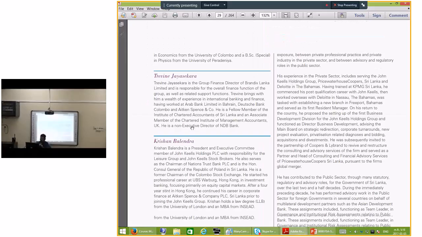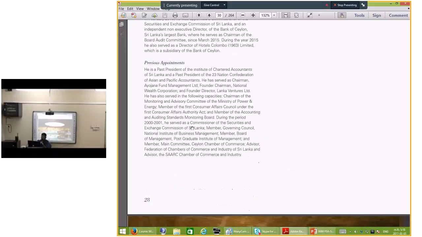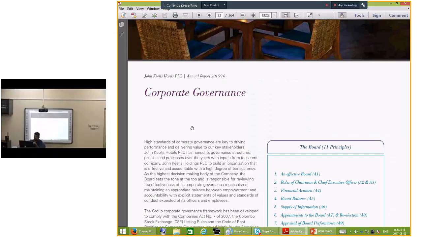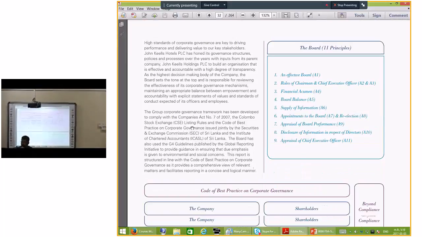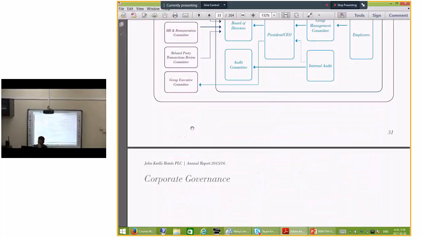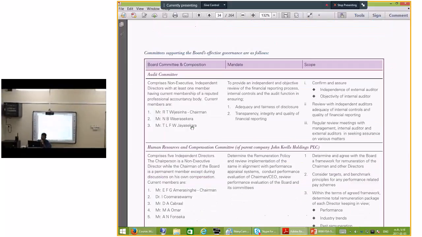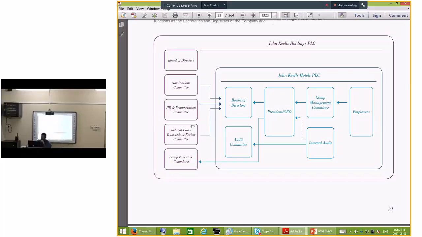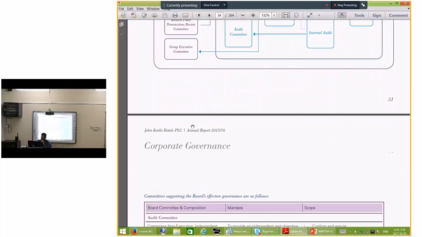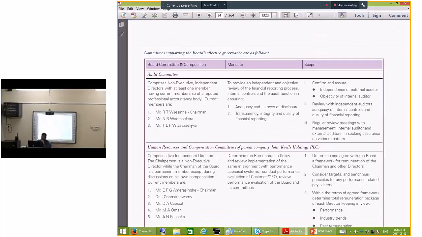The board of directors and their details, their independence and governance details, corporate governance. Here again, a clear picture of the corporate governance system of this John Keells Hotels PLC.